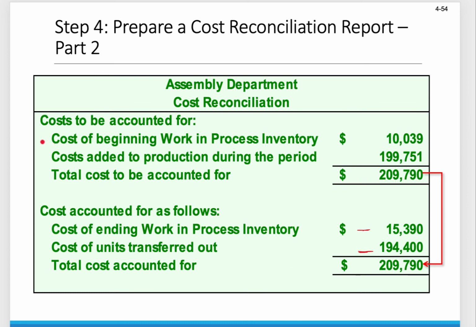We start with the costs that were in beginning WIP and the costs that were added to production during the period. We compare those with the cost of ending WIP and the cost of the units transferred out. These two amounts need to be equal. If they don't, we went wrong somewhere and we need to recheck our numbers.